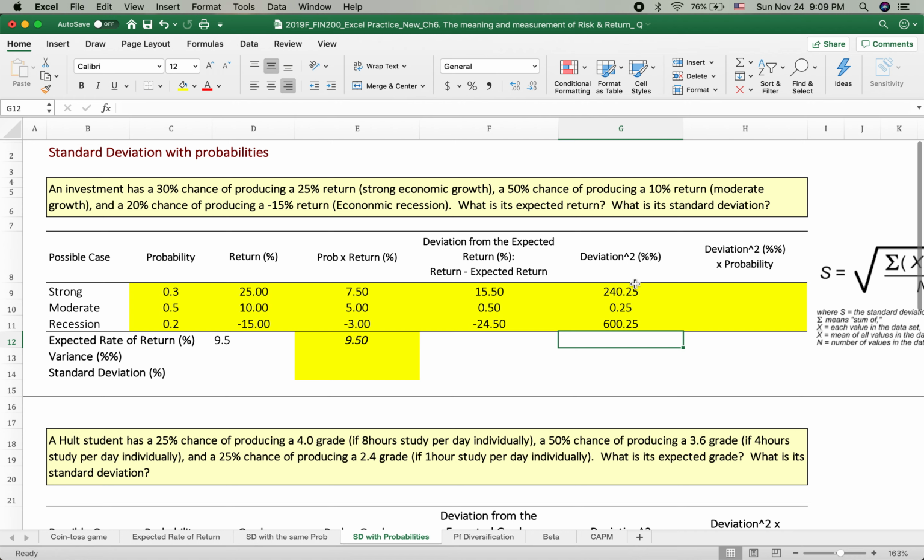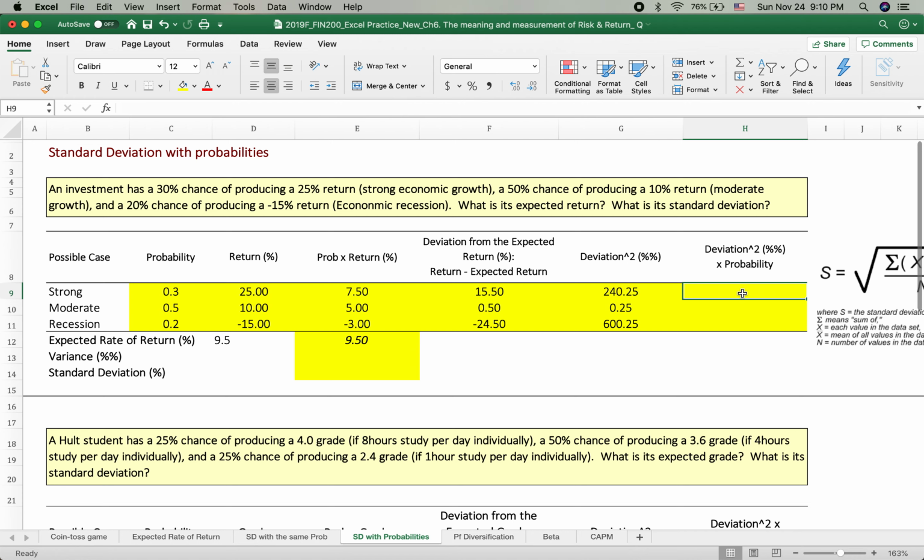But this also is not the right dimension. This is a percentage, and what we want to calculate is a percentage. Once we calculate the variance, we will take the square root of this number at the end of the day. But that is the intermediate process to come up with the variance and standard deviation.